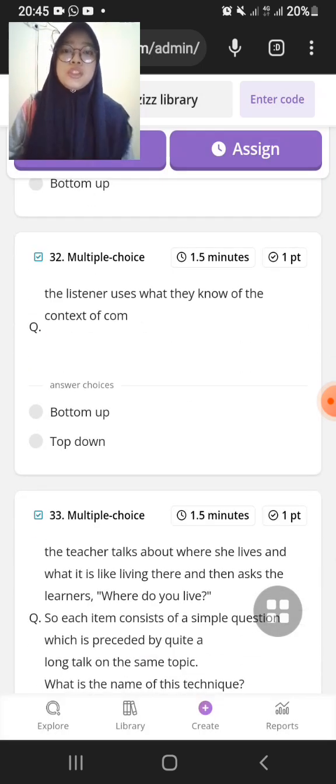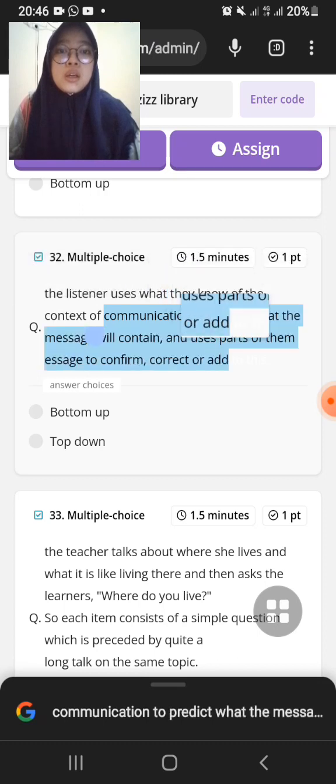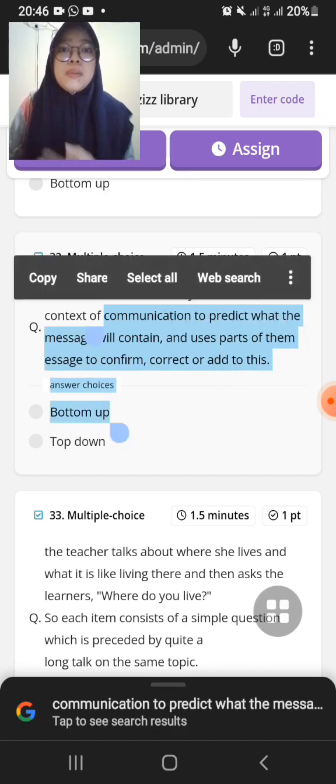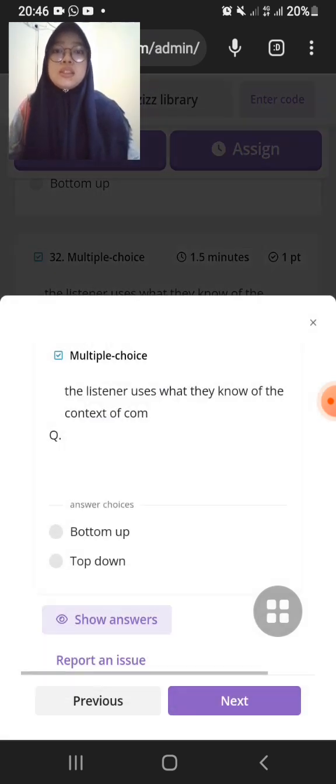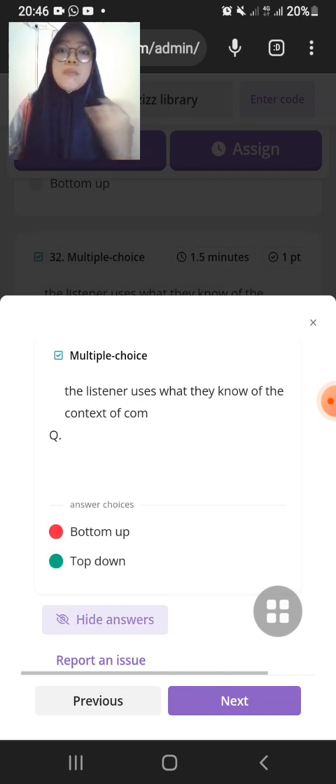Question number 32. The listener uses what they know of the content of communication to predict what the message will contain and uses a part of the message to confirm, correct, or add to this. The answer is top down.